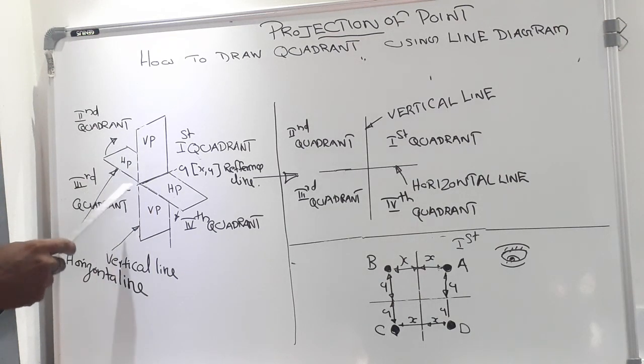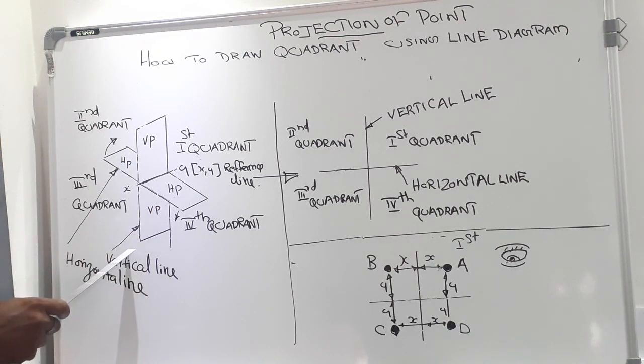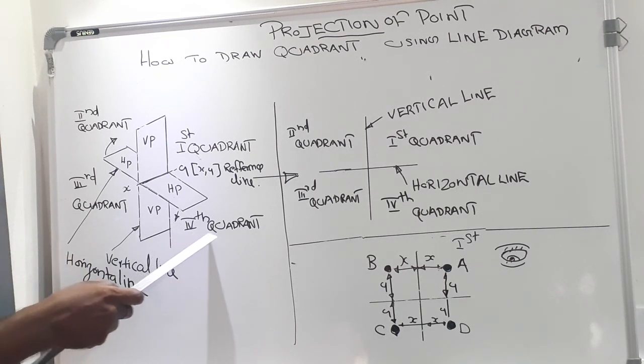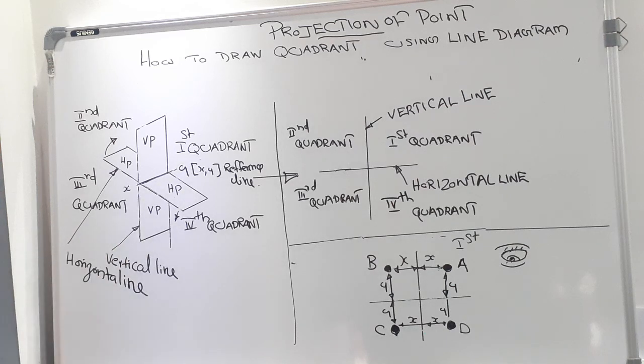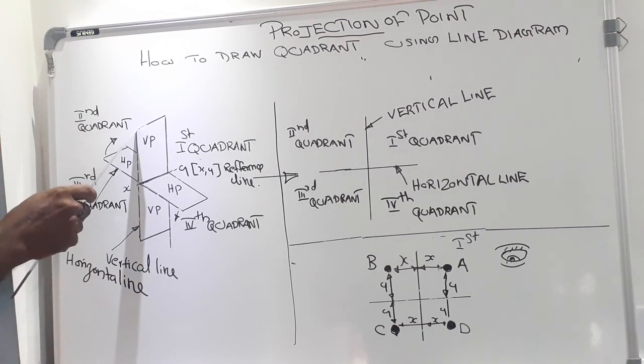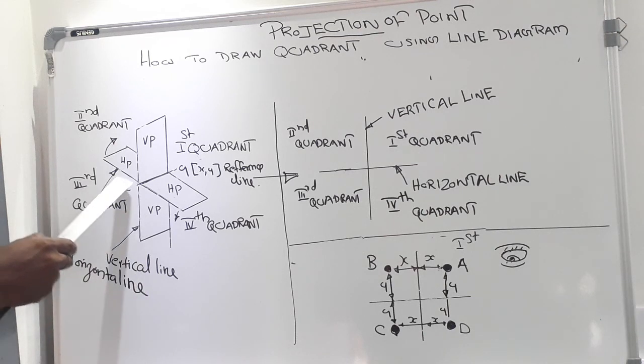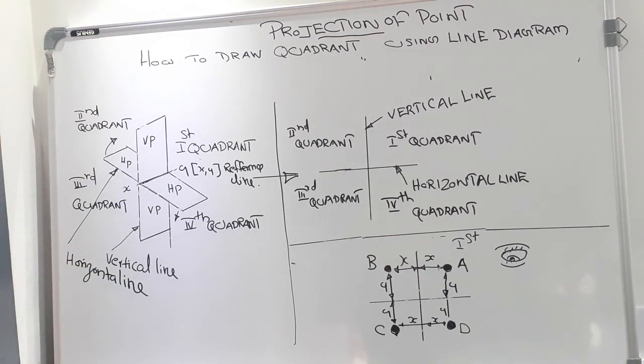Similarly, this is third quadrant and the place in between vertical and horizontal plane is marked as the fourth quadrant. And this edge is called vertical line and this edge is called horizontal line.